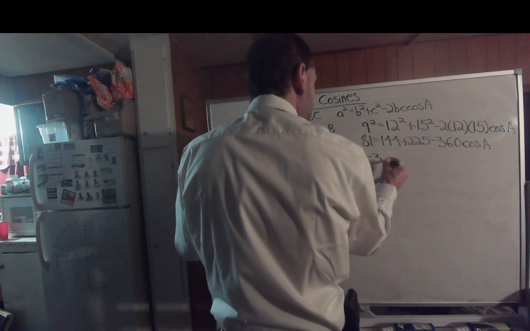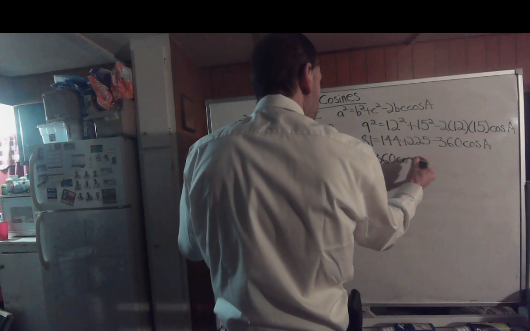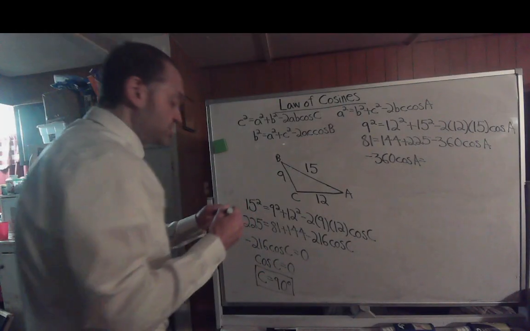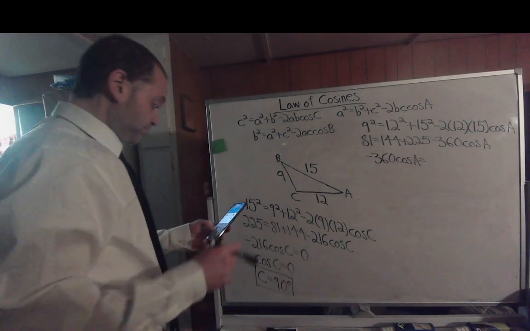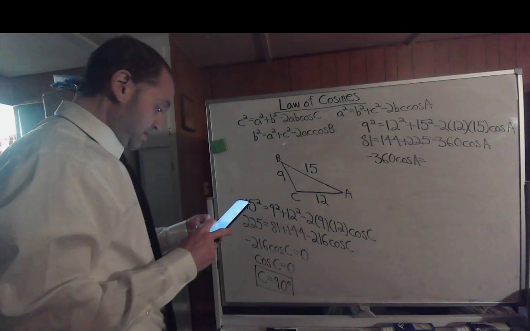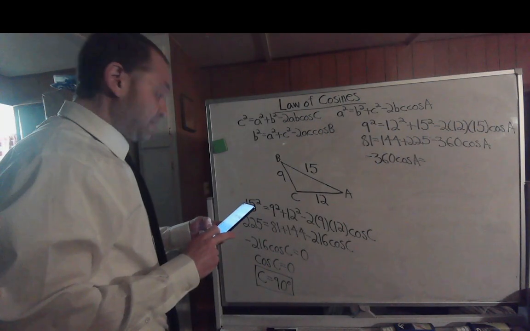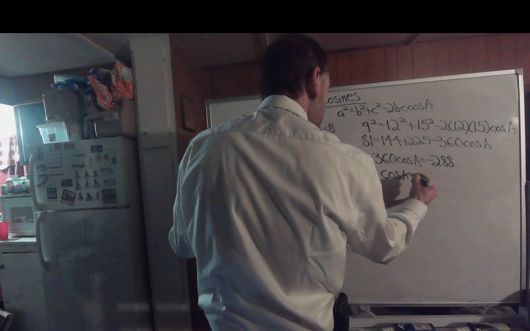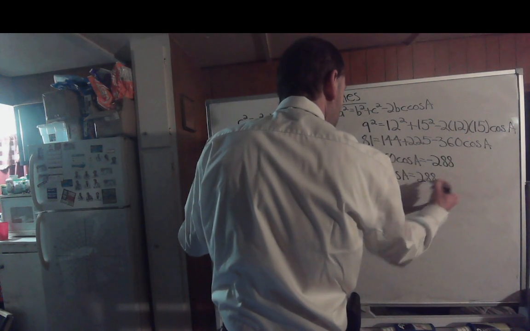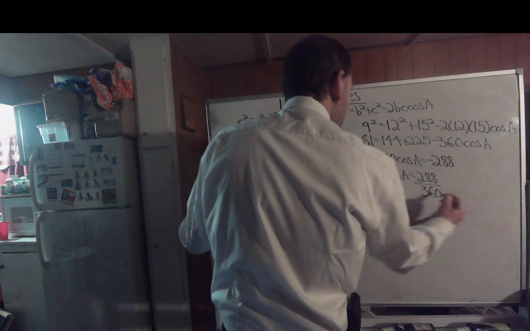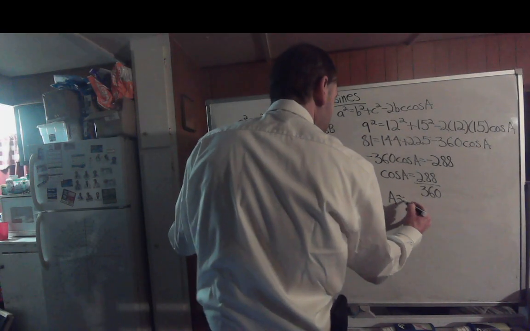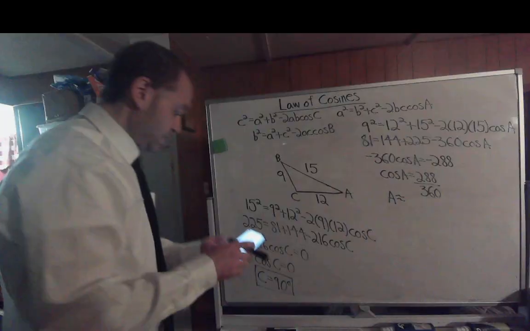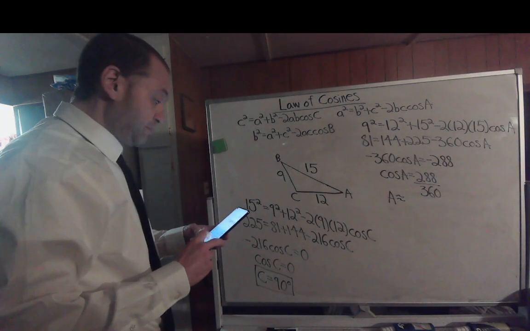So then negative 360 times the cosine of A is going to equal the difference of all that. 81 minus 144 minus 225 gives you negative 288. So that means the cosine of A itself equals positive 288 over 360. Now we should be able to get a 2 decimal place approximation for angle A. So 288 divided by 360.